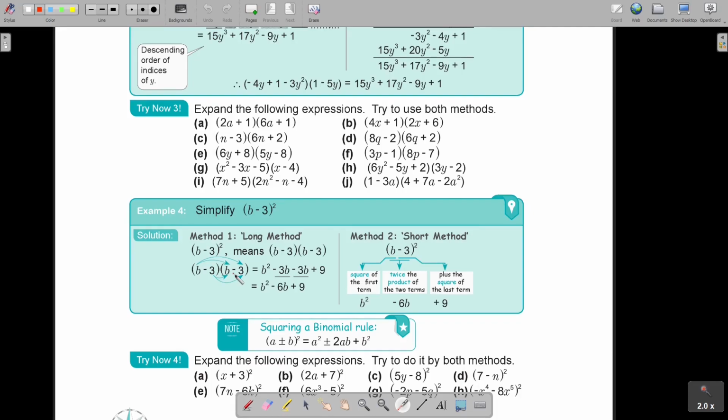So I square the first one, so it's b squared. Then I multiply the 2 terms with each other, so it's negative 3b. And then I multiply it by 2, so it's negative 6b. And then I square the last term, negative 3 times negative 3, and it's positive 9, and it's exactly the same. Okay, let's go back to the question paper.